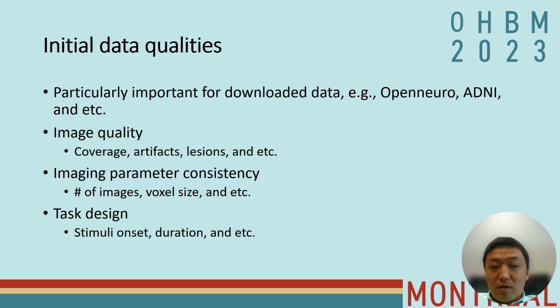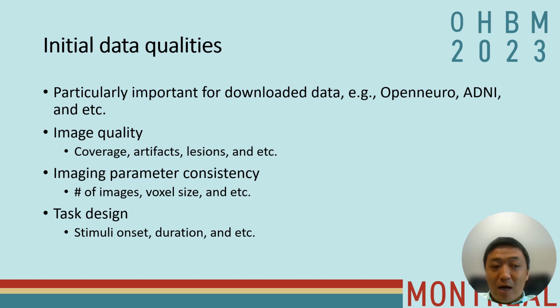For the image quality, you need to check whether the image covers the whole brain, or whether there are some artifacts or lesions in any of the individual's brains. You also need to check the imaging parameters to see whether they are consistent across subjects.